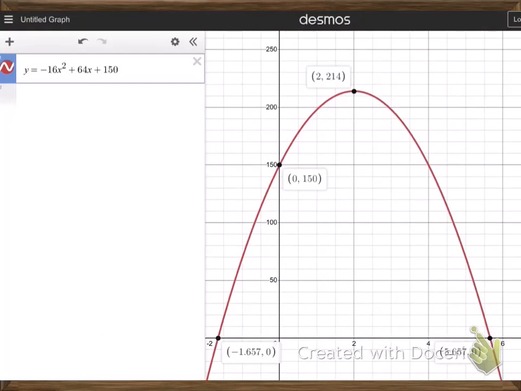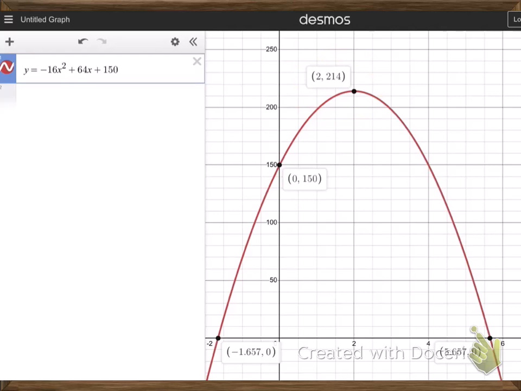It's worth noticing that we can absolutely use Desmos to verify graphically the solutions that we got through algebra. Notice that I have entered in my equation here, y equals whatever. Let's interpret these values graphically. The first thing we found was the vertex.